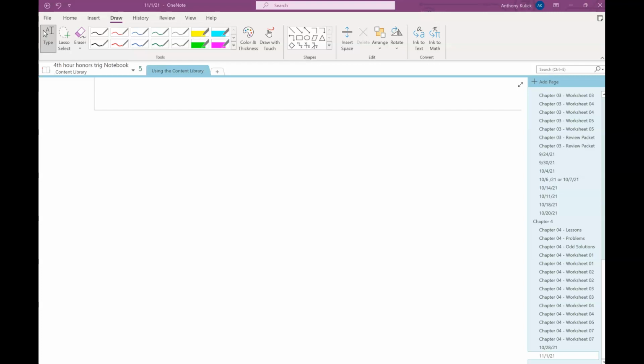In section 4.2, we're going to start with 2 pieces of vocabulary.